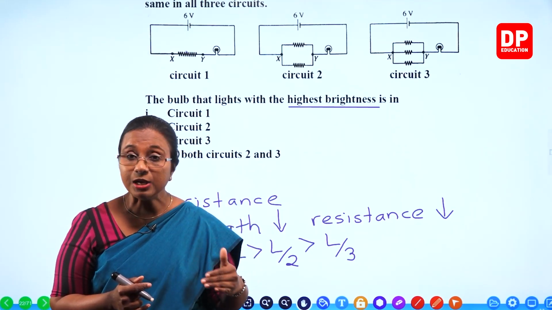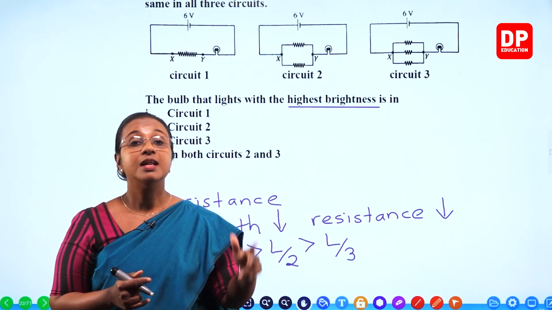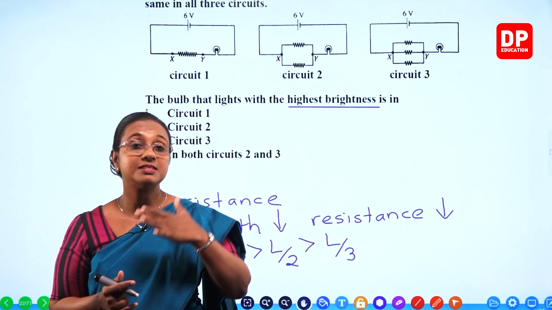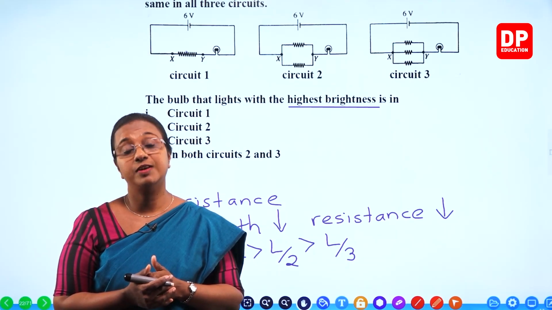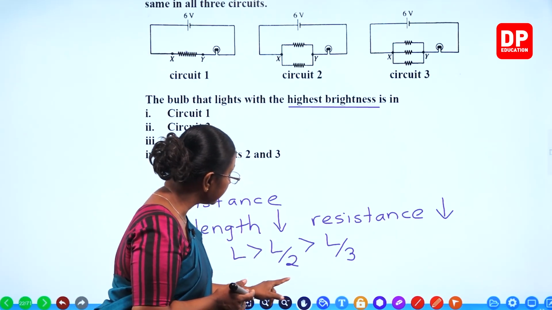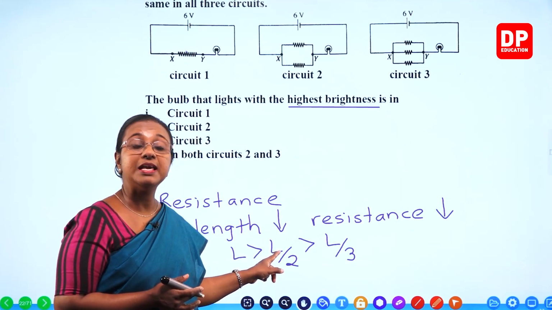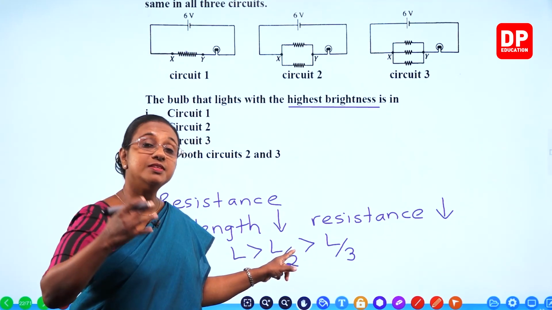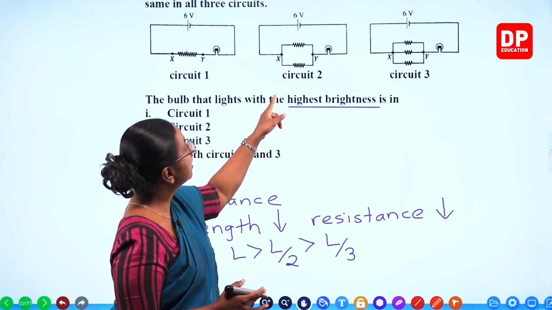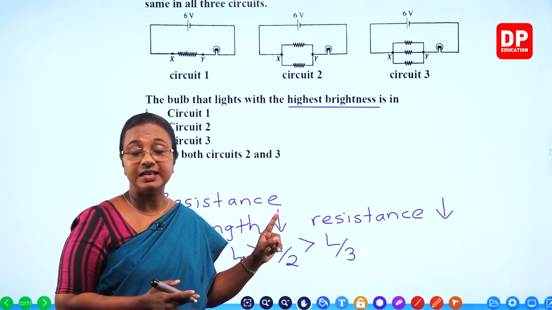If they have equal resistance, depending on the number of resistors, the resistance gets divided further. So already in the second circuit, L became half. So the resistance also becomes half. But again there are 2 resistors like that.